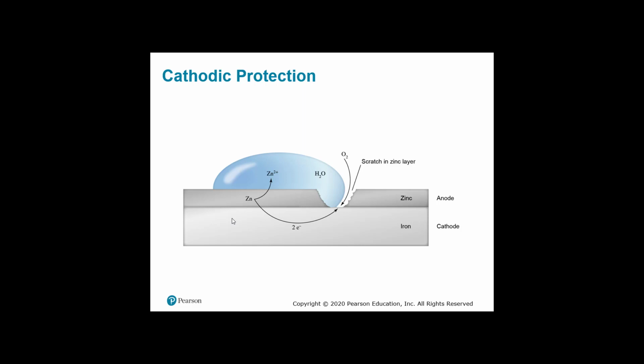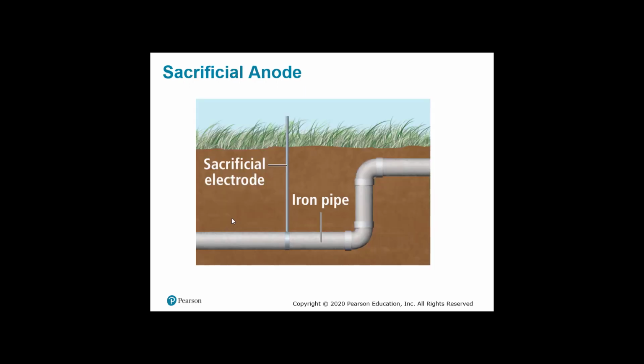So this is one way, that's cathodic protection. We're protecting the cathode, which is iron now, because if zinc is easily oxidized, then the iron has to be reduced. And this is the sacrificial anode, where you attach that metal that will be oxidized, thereby preventing the iron from being oxidized away. So that sacrificial electrode is the one that's going to be oxidized away.